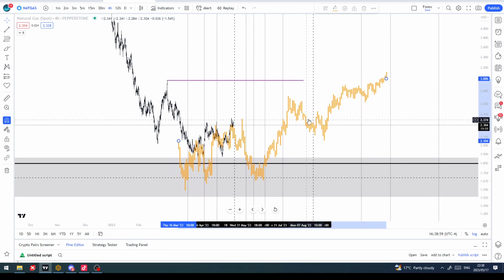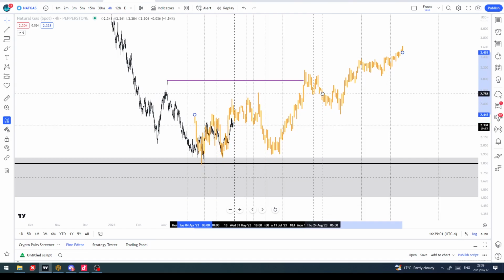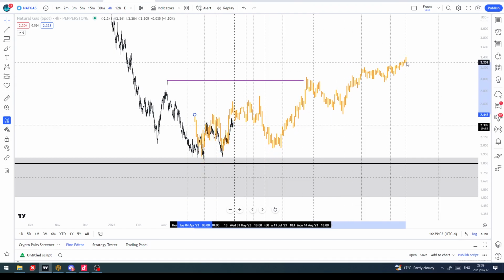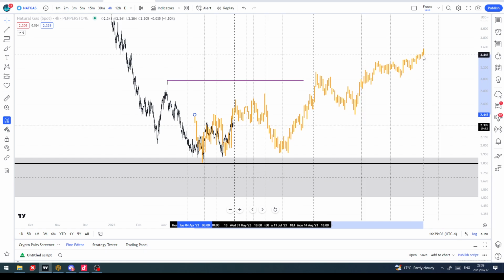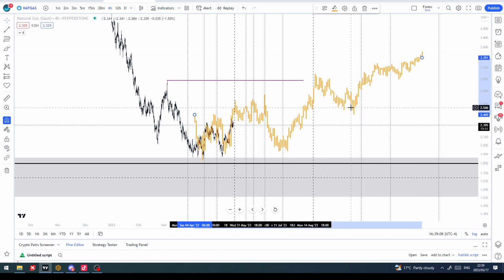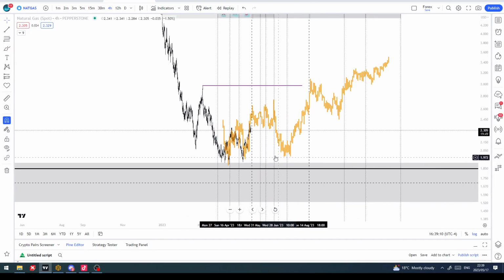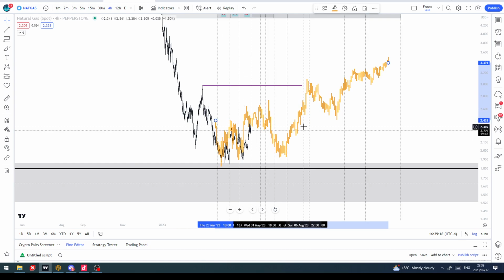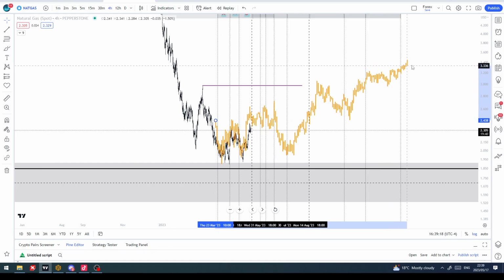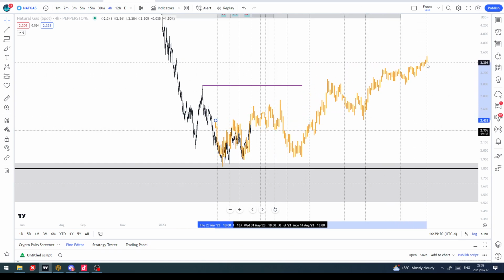I've been looking back and forth, SPX, nat gas, SPX, nat gas. Nasdaq will be similar. You see that? It's starting to give me a NAS October low vibes.